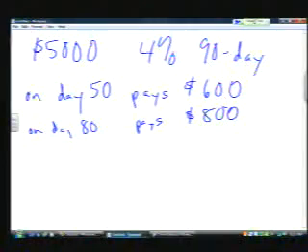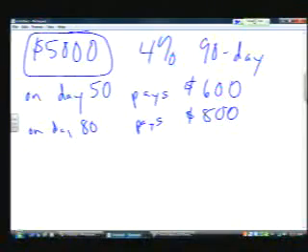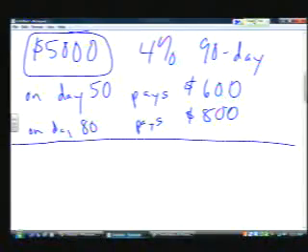So now we want to know what's the adjusted balance after day 50 and after day 80. This is very important because it is going to affect the amount of principal that's left. In other words, let's make the problem simple. First, let's pretend no early payments at all.